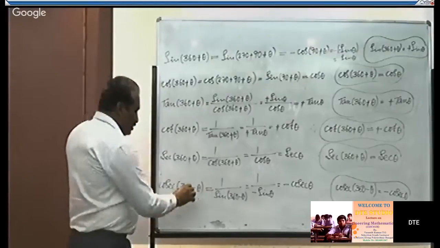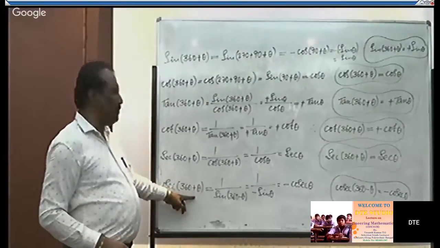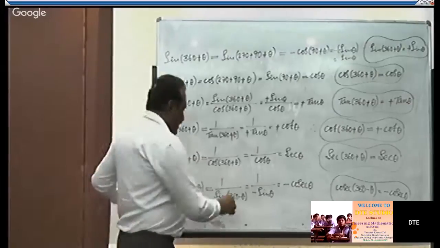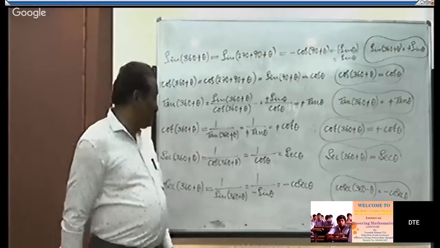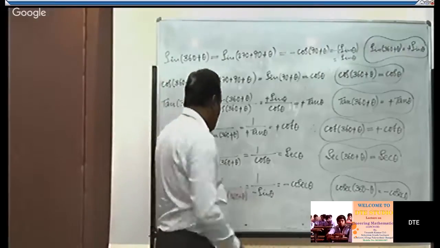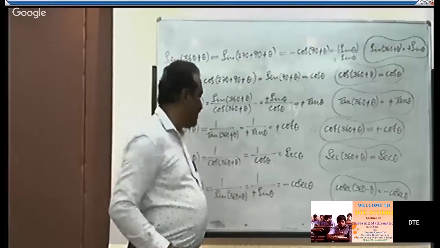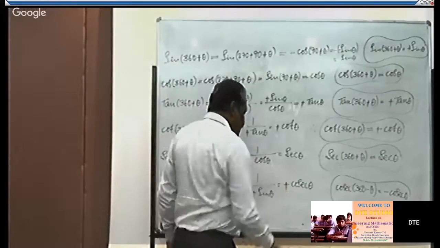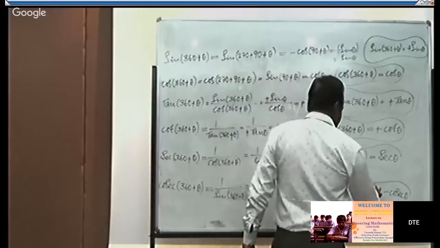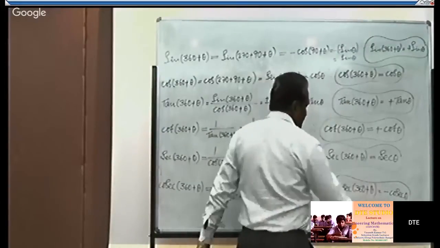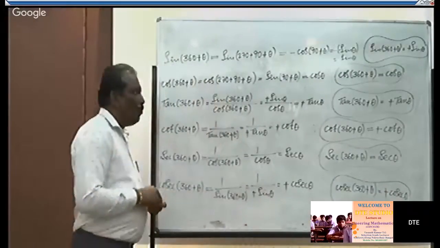Last but not the least, cosecant of 360 plus theta, you can write as 1 by sine of 360 plus theta. We know that it is sine theta, and 1 by sine theta is cosecant theta. Therefore, cosecant of 360 plus theta is equal to cosecant theta only.